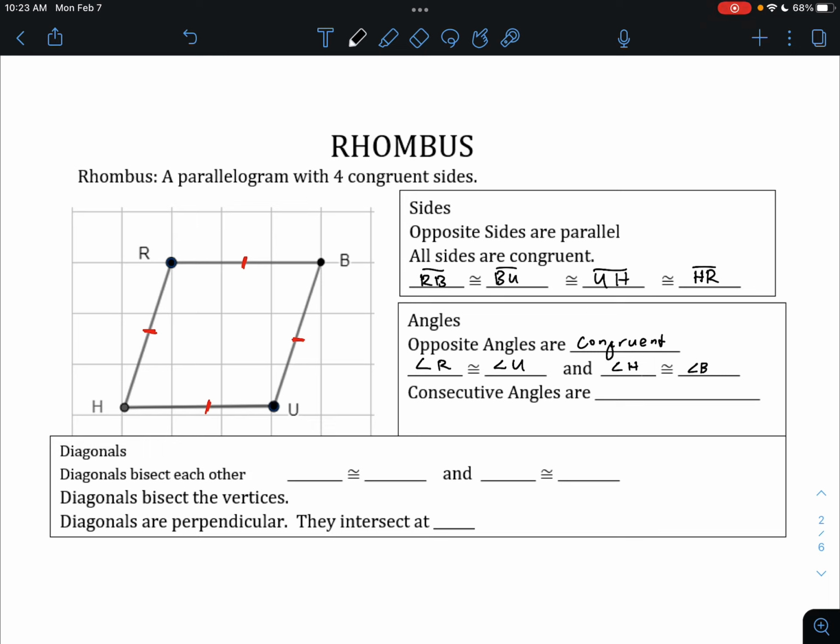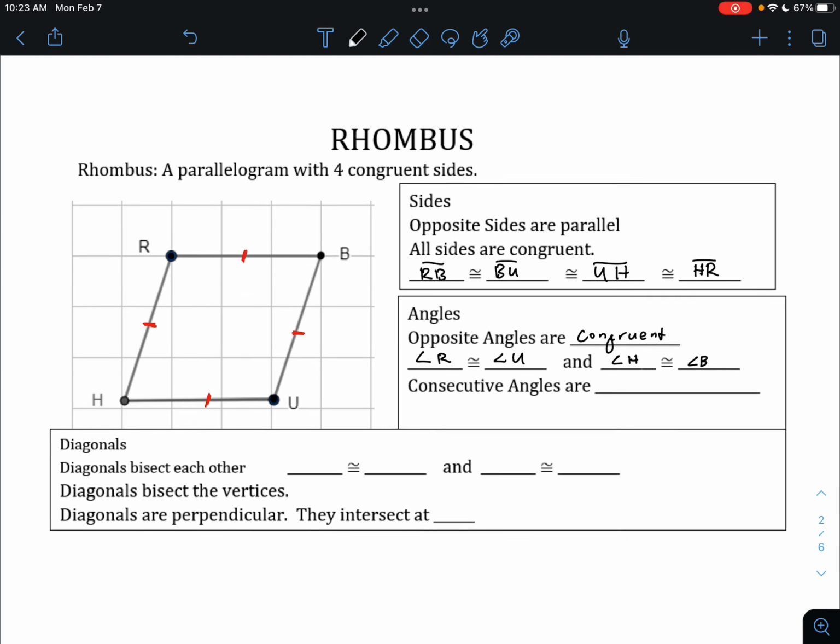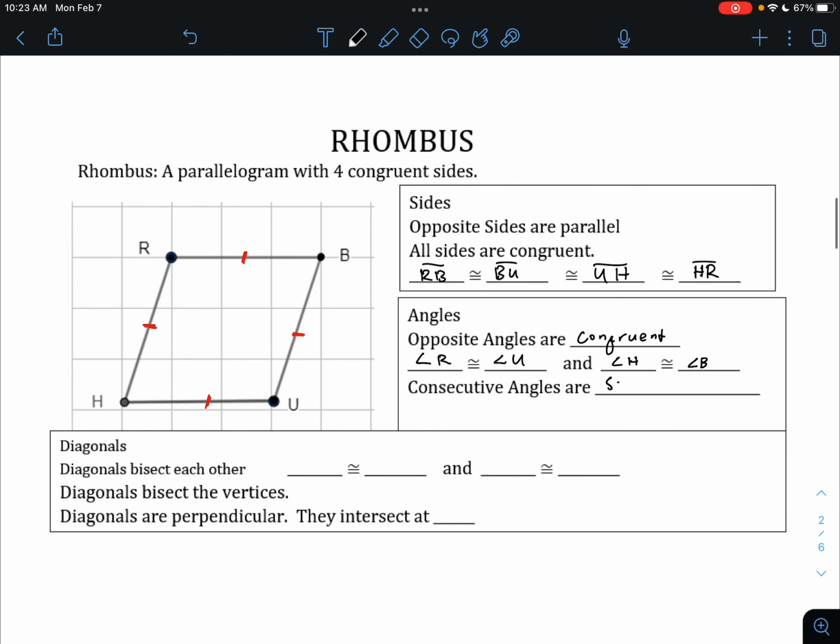And the last thing in this section about the angles of a rhombus is that consecutive angles are supplementary. That's the same as with parallelograms. So they add up to 180 degrees.